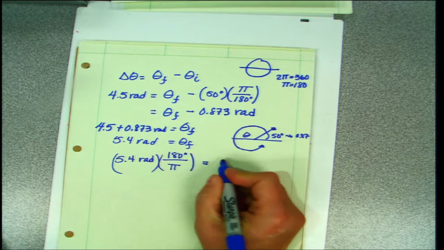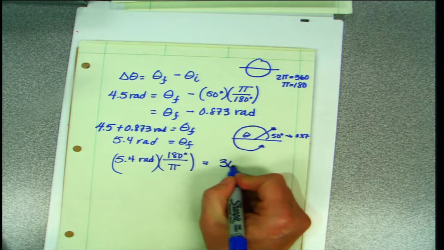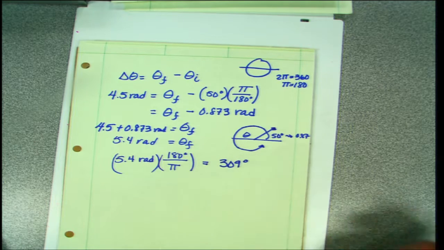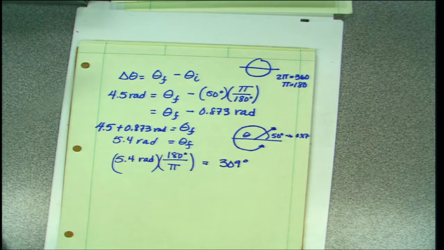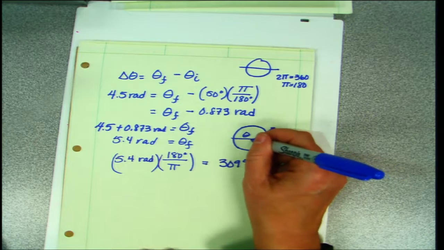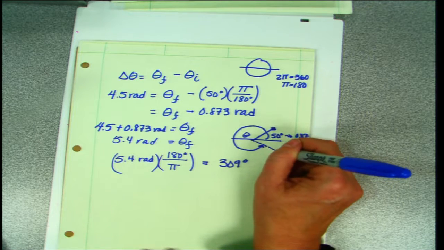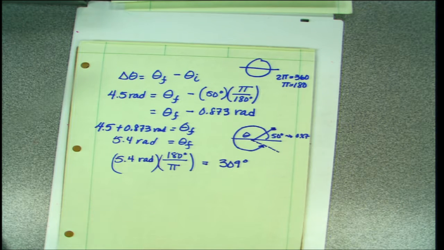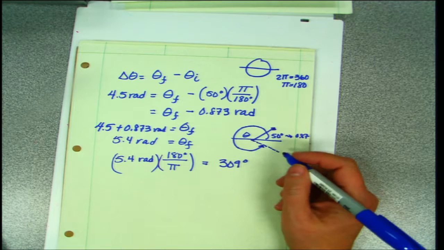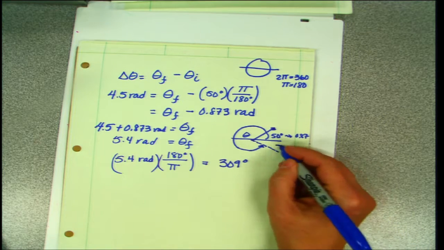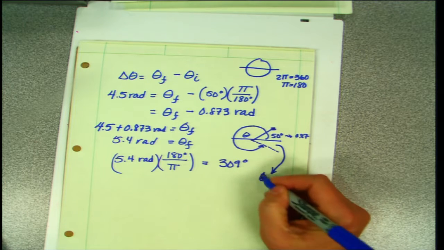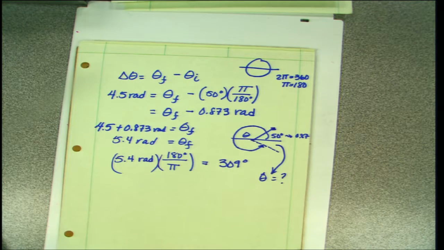But sometimes, because WebAssign is mean, cruel, and wicked that way, it asks what's the angle measured from the negative x-axis? So that's 360 minus 309. And that gives me what? I can't add or subtract today. 51 degrees.